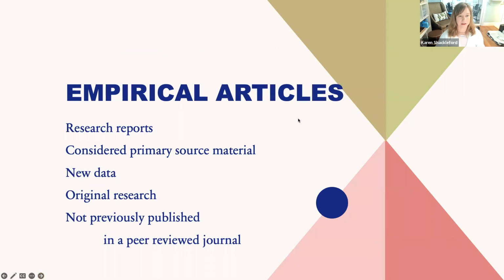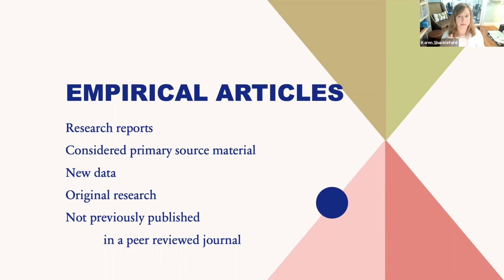So empirical articles. Empirical means from observation, just generally. It's another way of saying it's a research report. Research, there are two big meanings for research. One of them is the way we mean it, which is I've designed a study and I've gathered data. Another typical meaning for research is I've done what I call library research, background research.